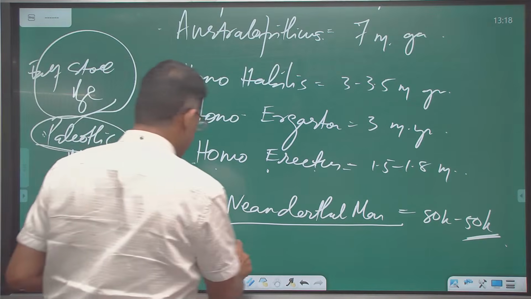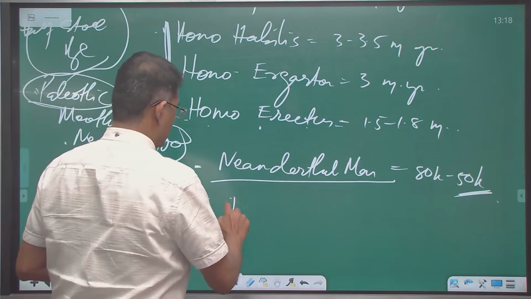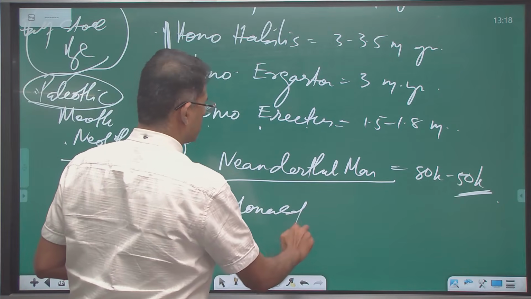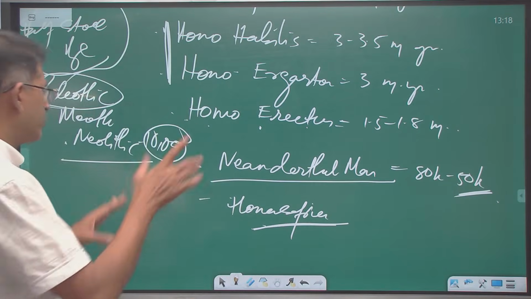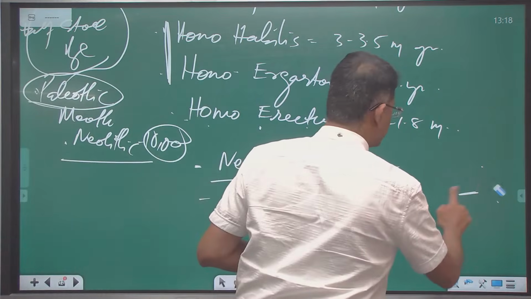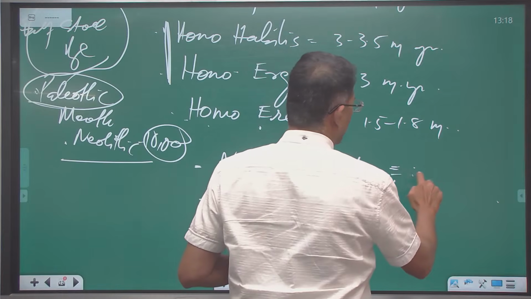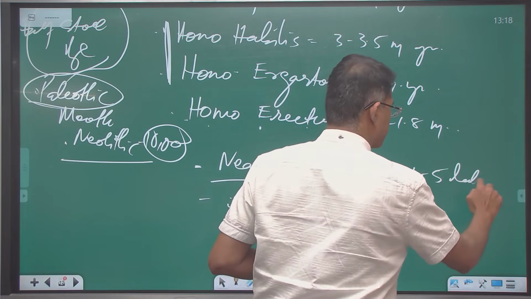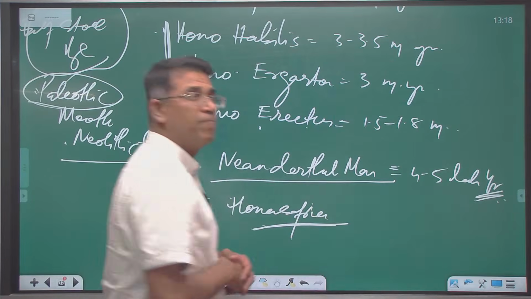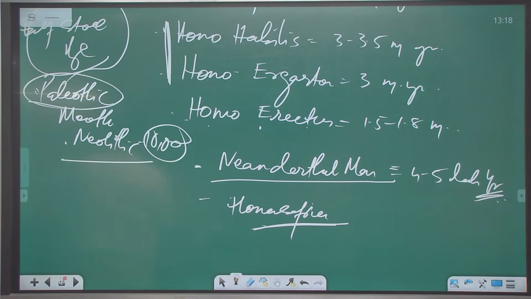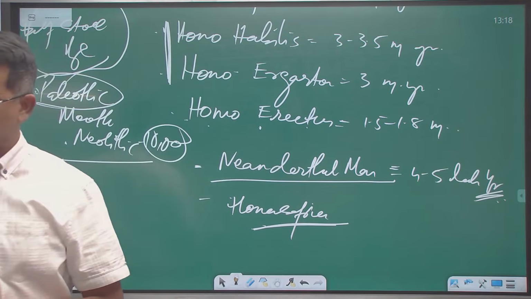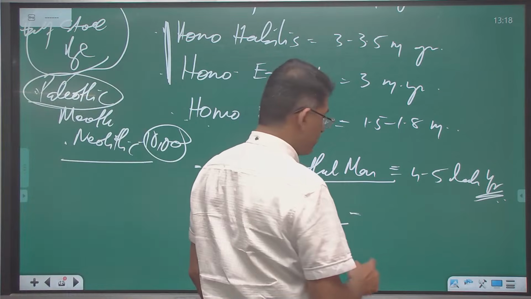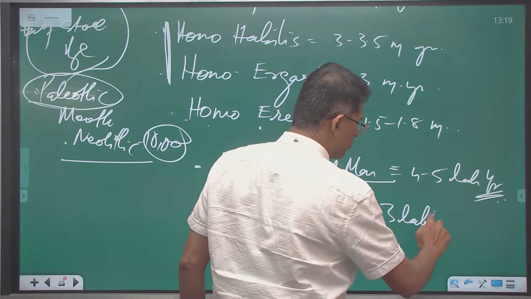Along with our species, Homo sapiens. No, I'm sorry. It's not 80,000 years. It is approximately about 4 to 5 lakh years. And Homo sapiens, our species, ये कब emerge हुआ? What time? Approximately 3 lakh years ago.